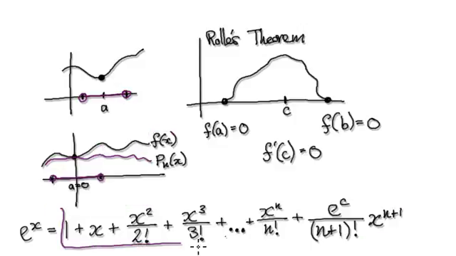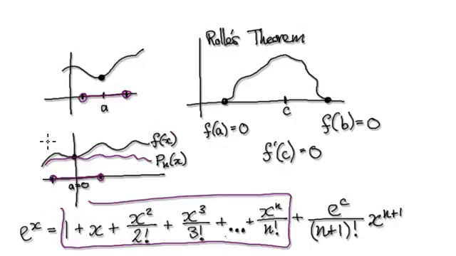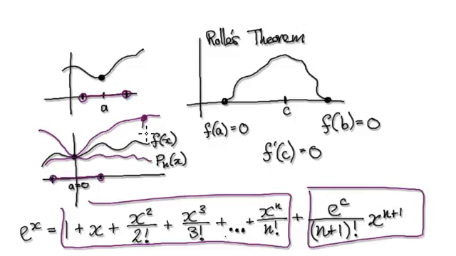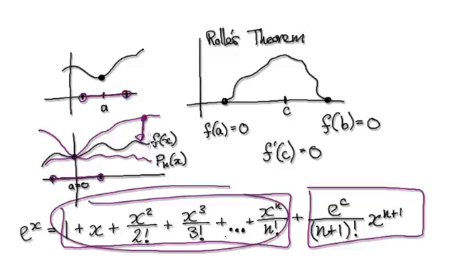You can imagine this as being something like this. So when you take away your remainder, it will map the polynomial on top of the function.